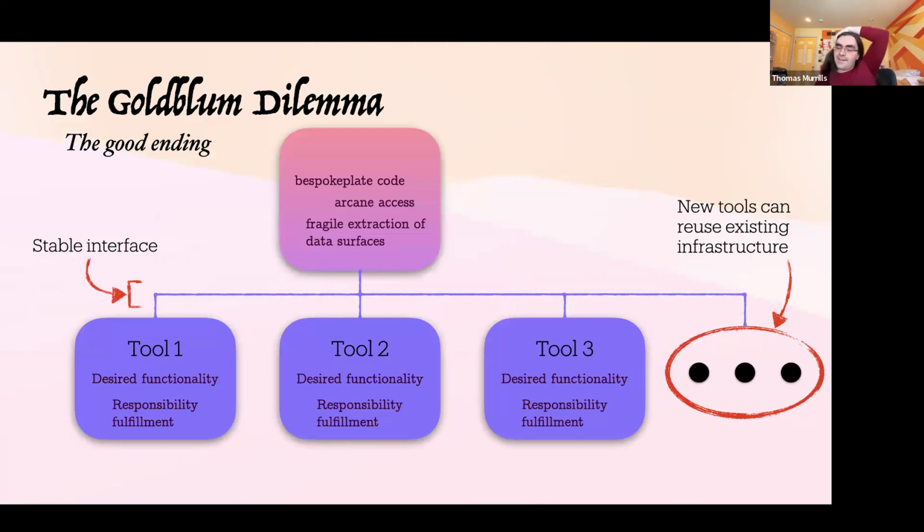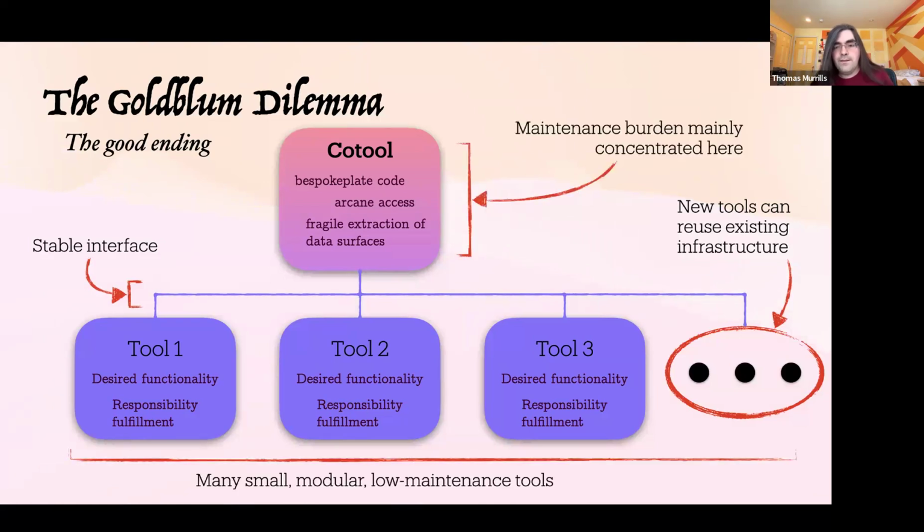So that extensibility means that new tools can reuse this existing infrastructure. We haven't just refactored a couple of things into one factor plus some other things. And we can call that a cotool. So this is the sort of phenomenon that we're interested in here: how do we create structures like this, and when should we?